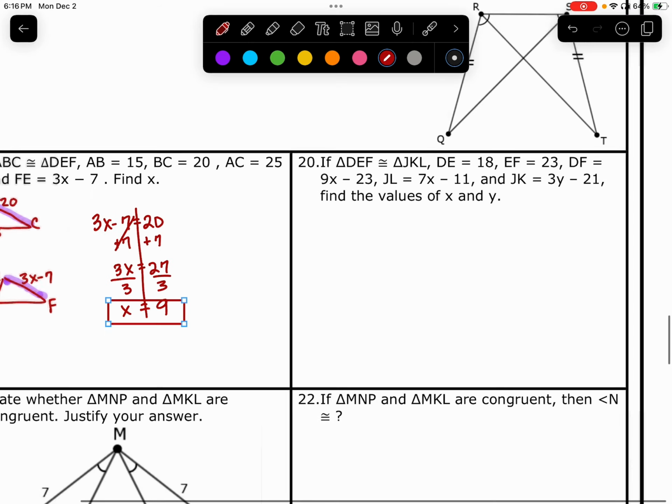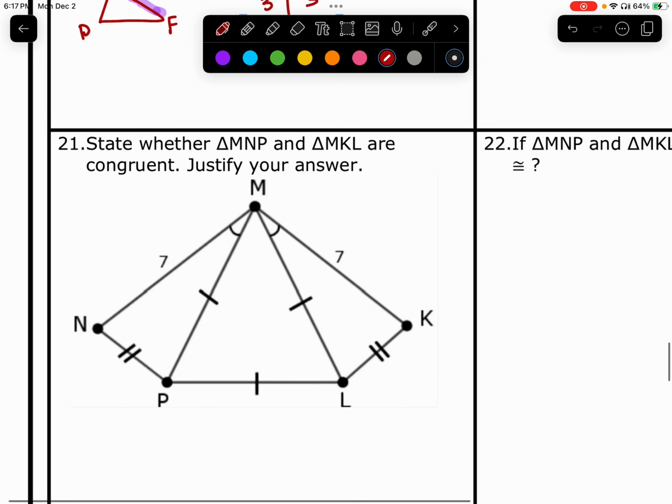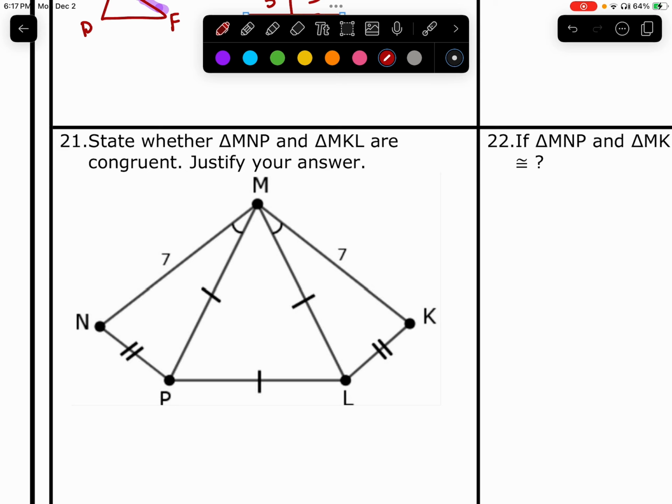Okay, number 21. State whether MNP and MKL are congruent. Justify your answer.